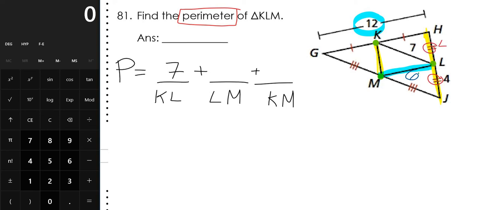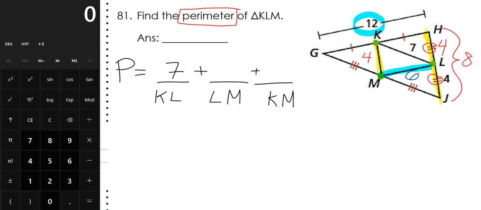So that means HL is 4. So the entire side length for the right from H to J is 8. So if KM, which is my mid-segment, is parallel to HJ, that means it's also half the length of HJ. So that means that KM is a length of 4. So now I know all three lengths for my mid-segment triangle.